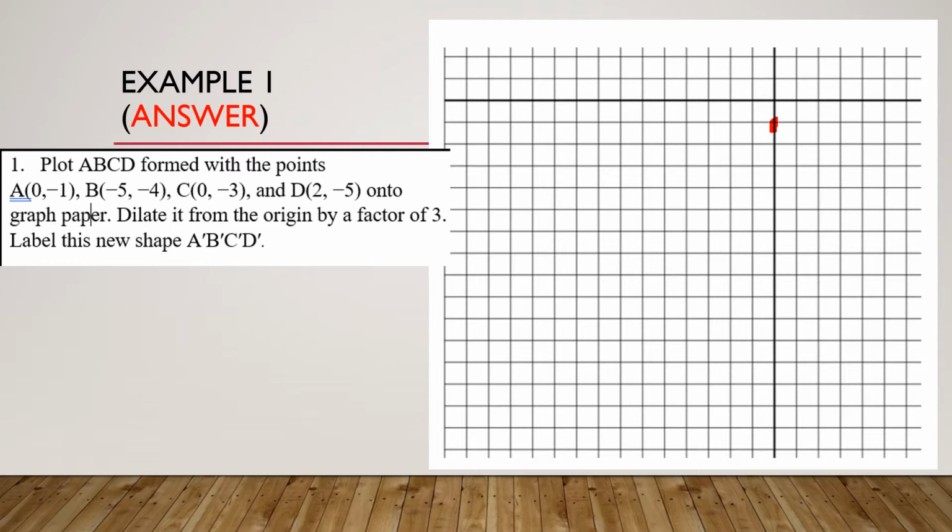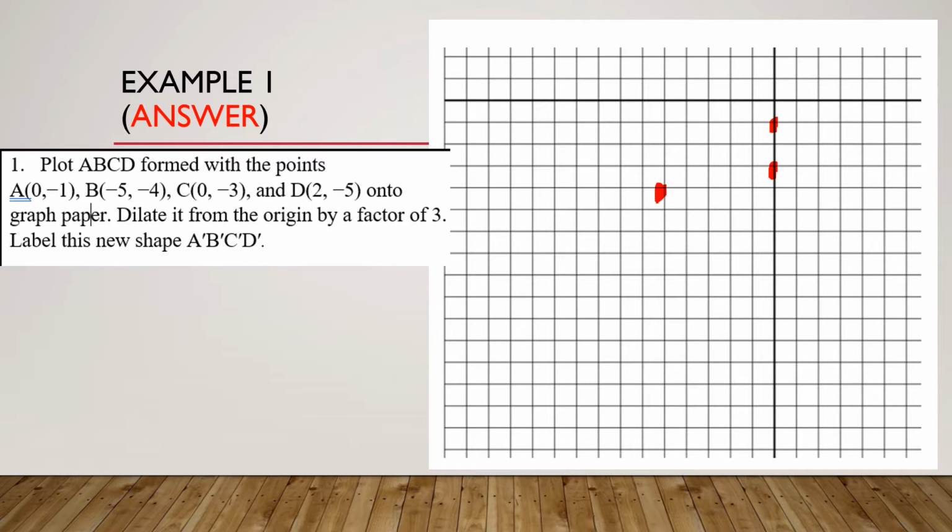C is 0, -3, so we're going to go down 1, 2, 3. I don't know what happened to our other point. 0, -3, there we go.